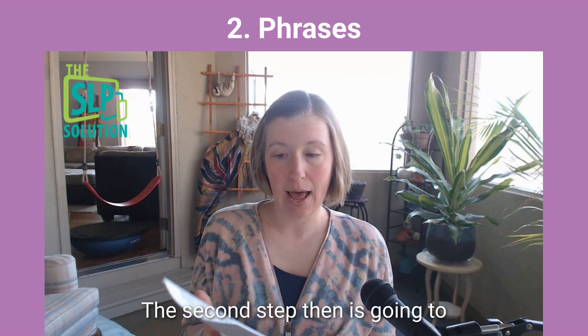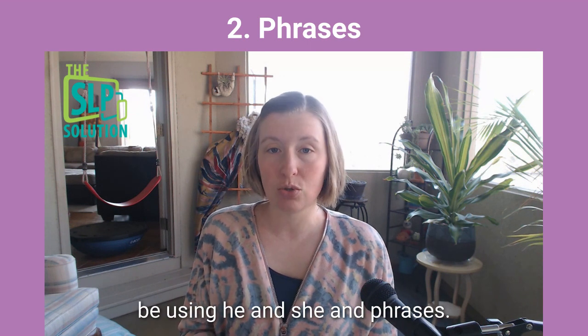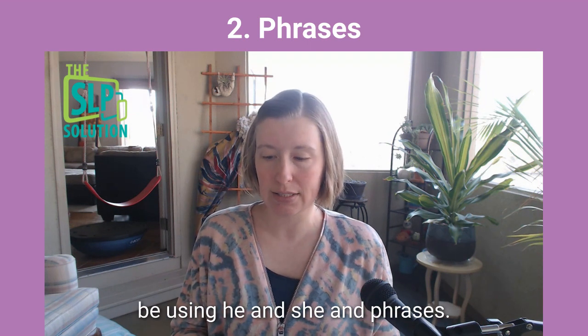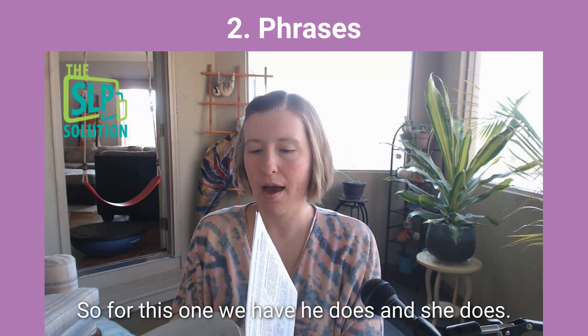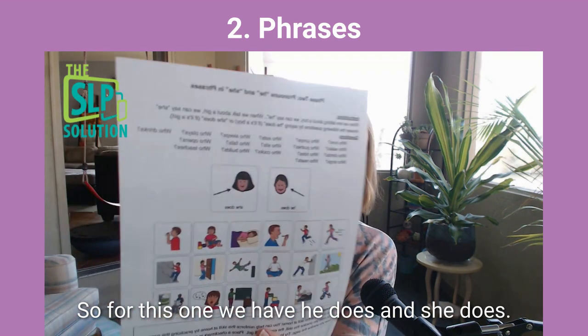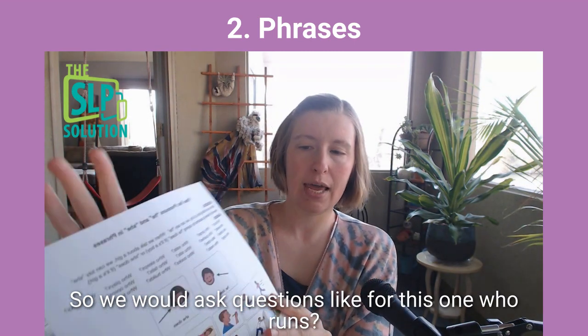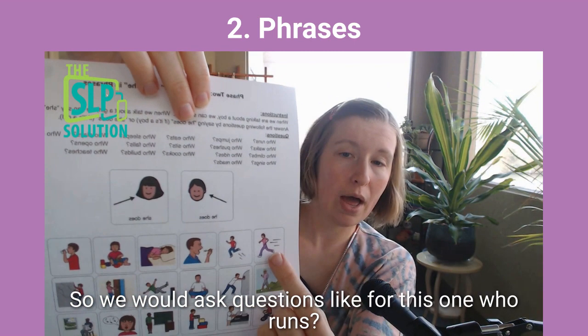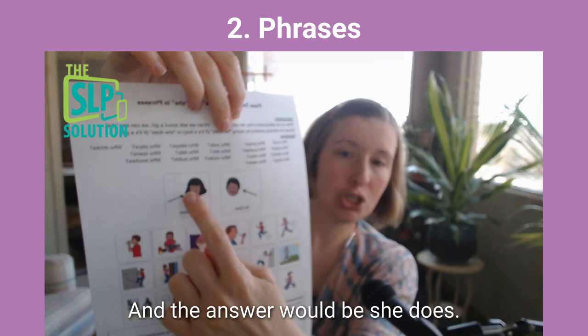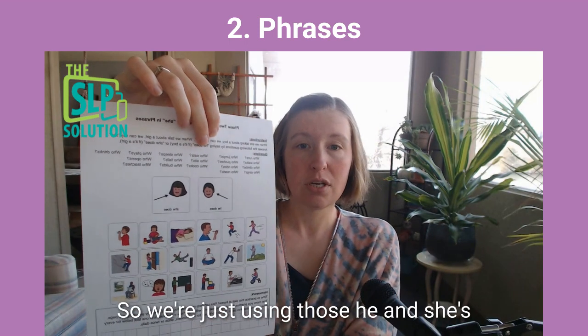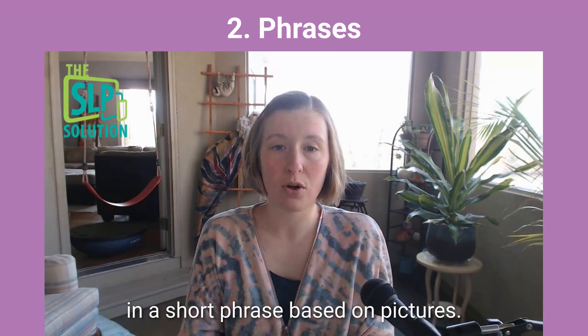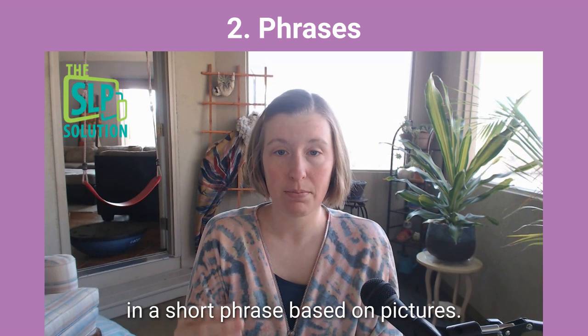The second step then is going to be using he and she in phrases. So for this one, we have he does and she does. So we would ask questions like, for this one, who runs? And the answer would be she does. So we're just using those he and she's in a short phrase based on pictures.